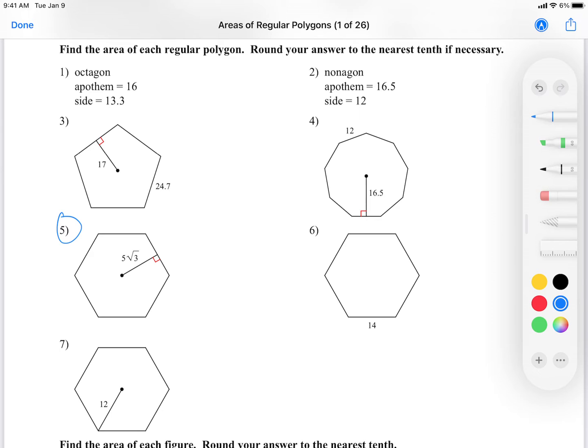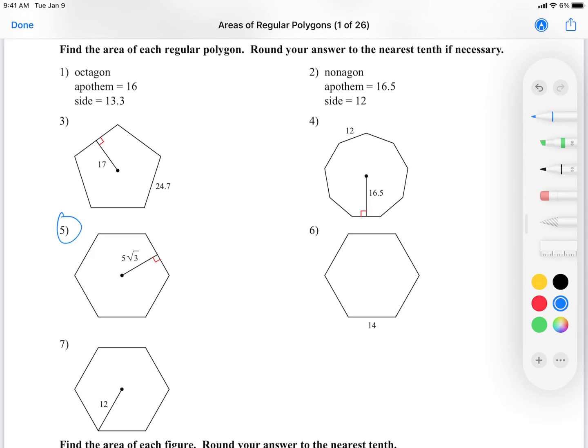And so please know that what we're going to be doing is going to be using regular polygons. Who remembers what a regular polygon is? What does it mean for a polygon to be regular? Anybody? Right, so remember that a regular polygon has all sides and all angles congruent.